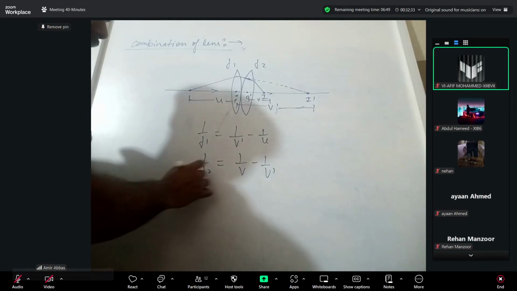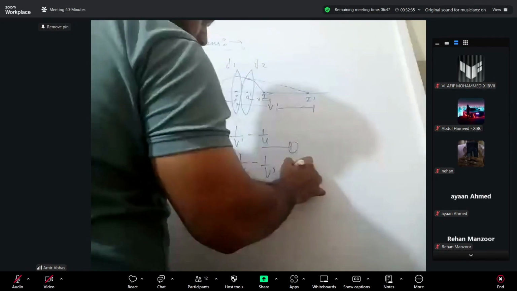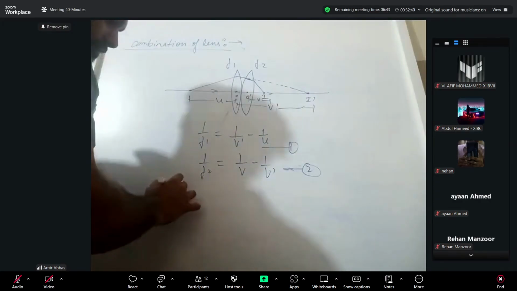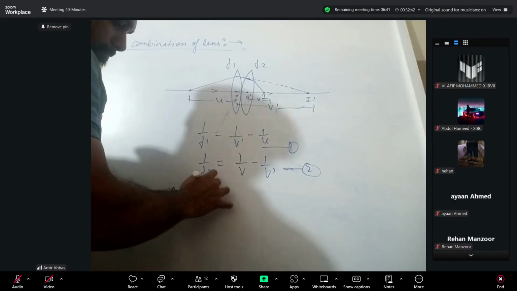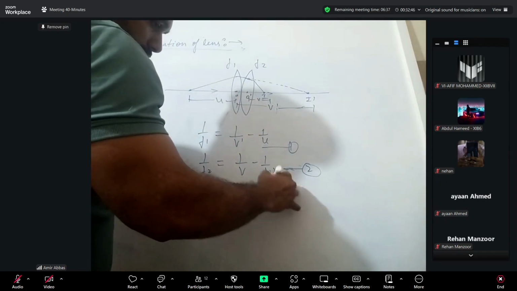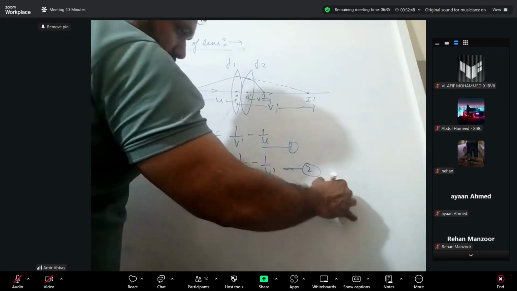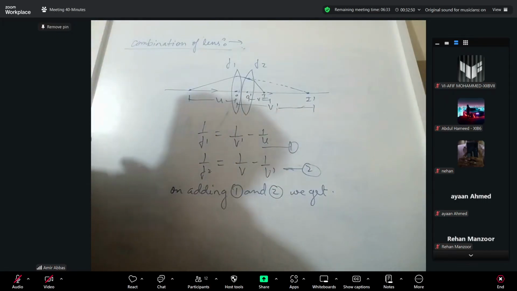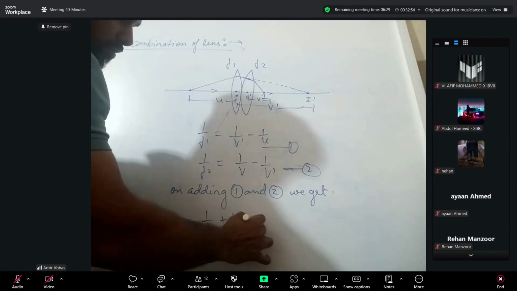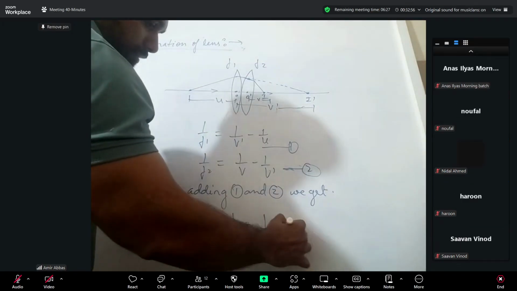Now, if we add these two equations, what do we get? 1 over f1 plus 1 over f2 equals 1 over V minus 1 over U. Do you get this?